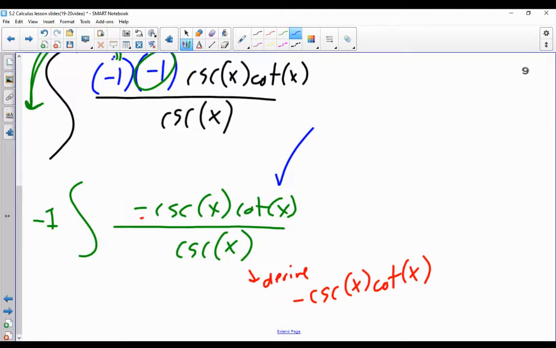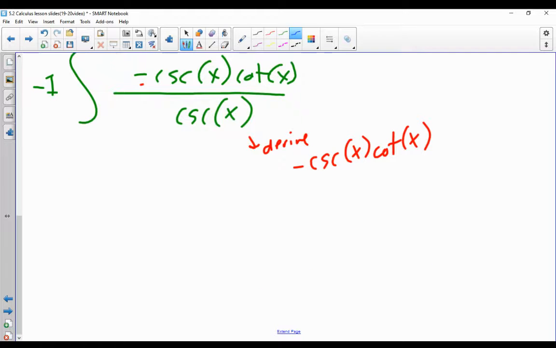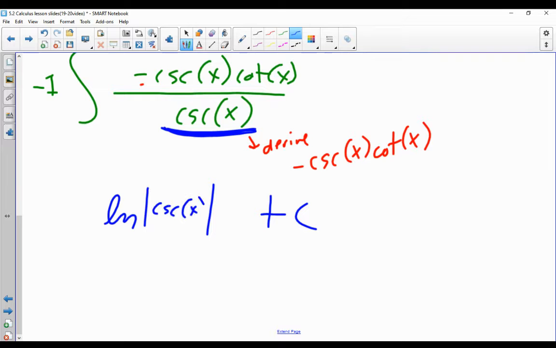Boom. So now that we have that, we can rewrite this as natural log. And what do we put in the absolute value bars of the natural log? The bottom. So the absolute value of cosecant x. But remember, we're not done yet. We still have this negative 1 in the front, and that will stay in the front.